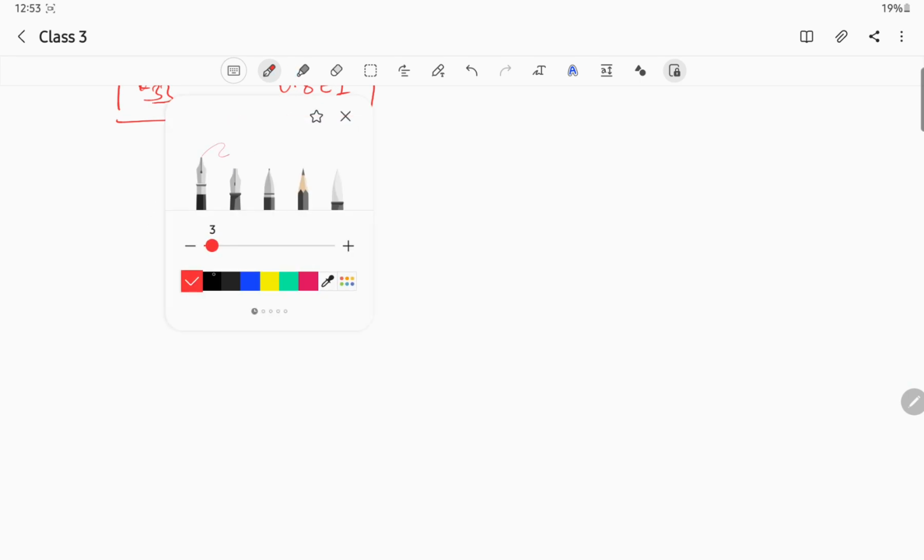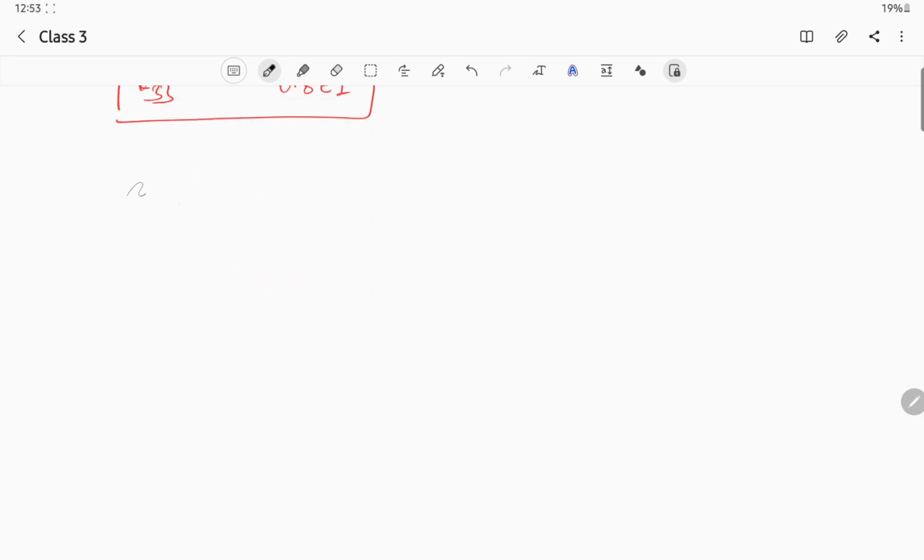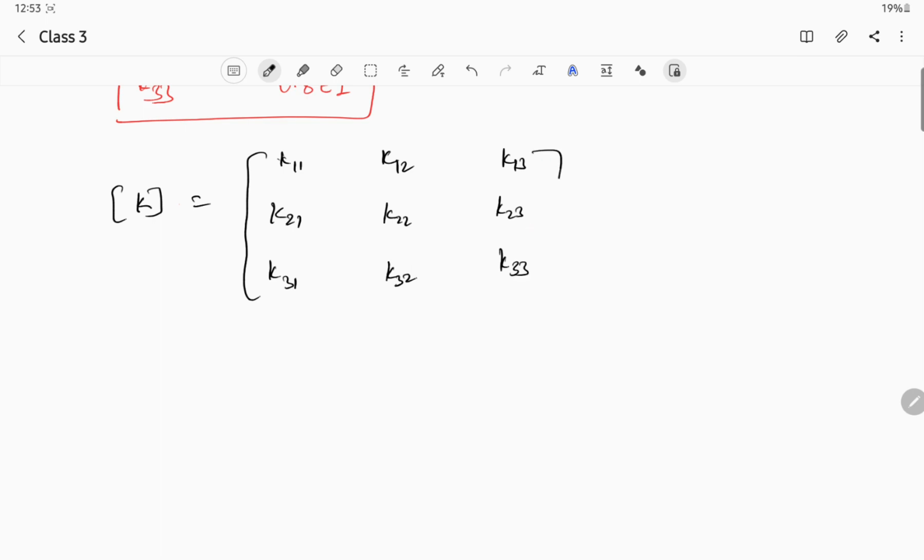So that is this K. This K is nothing but K11, K12, K13, then K21, K22, K23, then K31, K32 and K33.